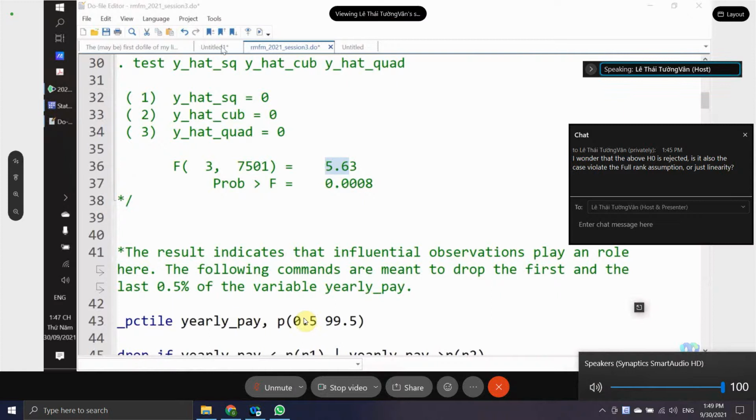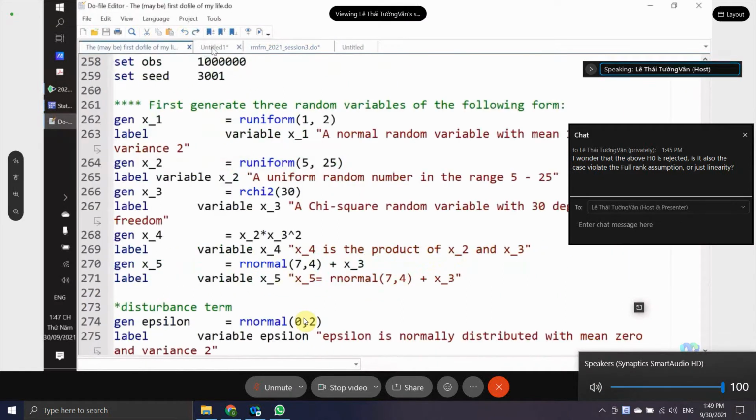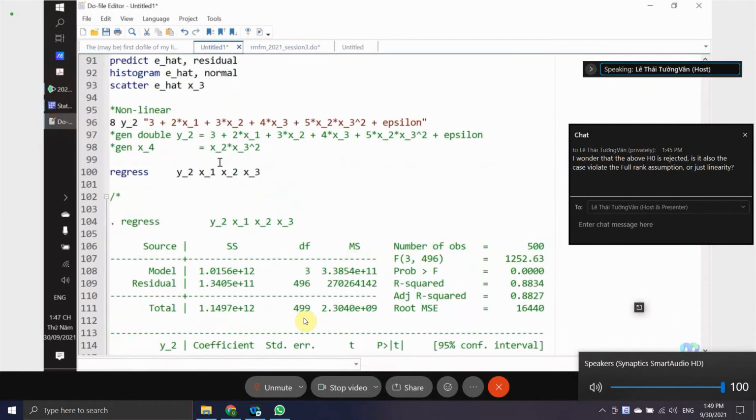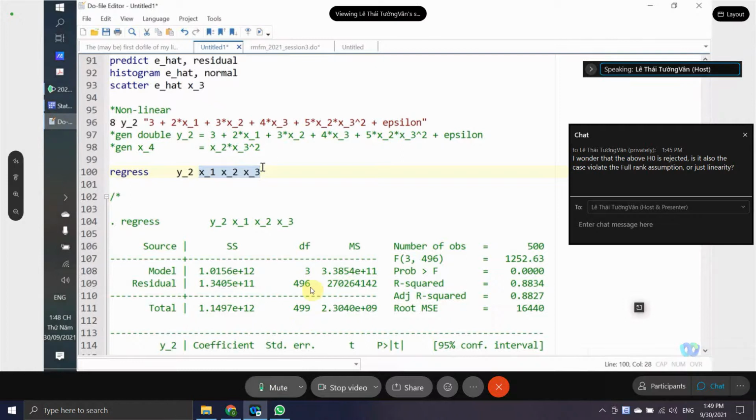So if you look at the example down here that we have had, you may see that y2 is regressed on x1, x2, and x3. x1, x2, and x3 are linearly independent. Is that right, Minh Giang? So there is no violation of the full rank assumption. This is not a violation of the full rank assumption.